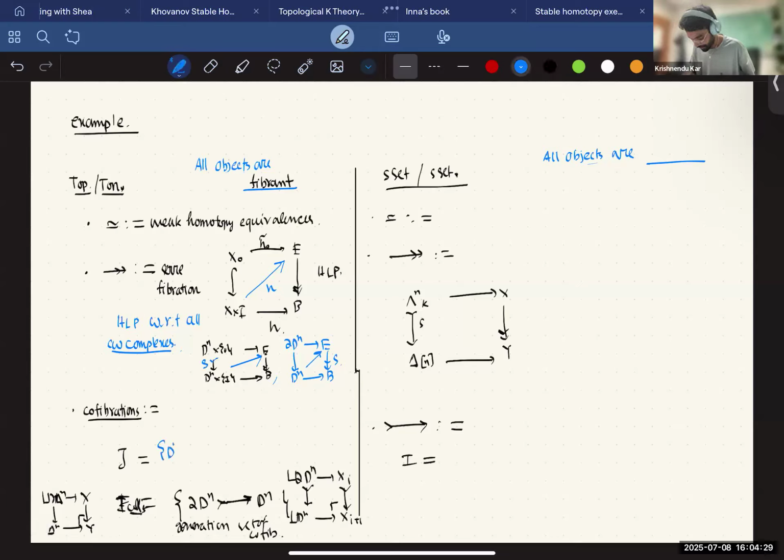Now let's look at this one, dn cross 0 to dn cross I. This is your trivial cofibration, and the same thing is repeated again. These are called J cell complexes, or J cell maps, I forgot the name. But what you do is you take their iterated push outs and take their retracts to get all the trivial cofibrations.